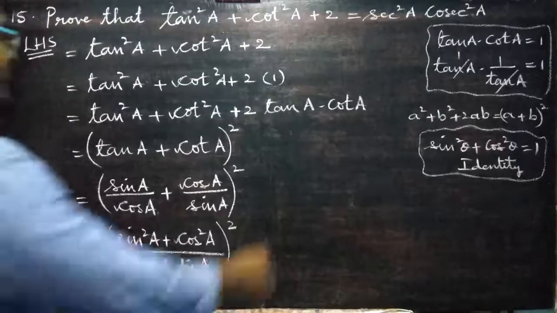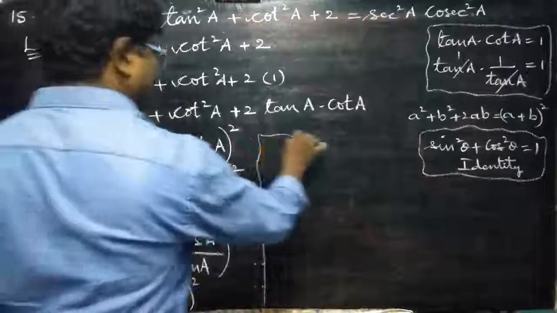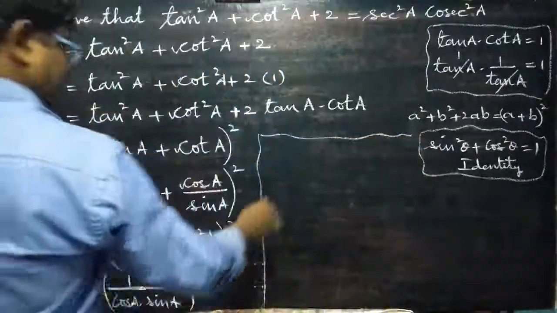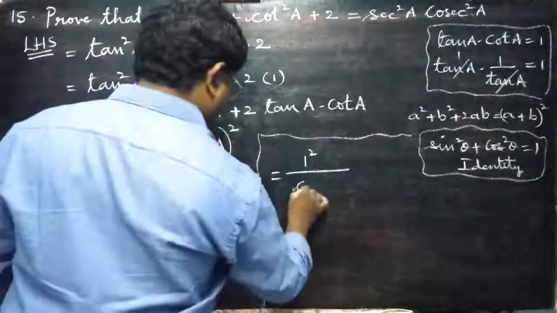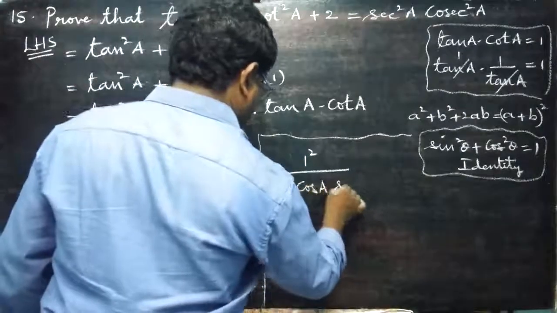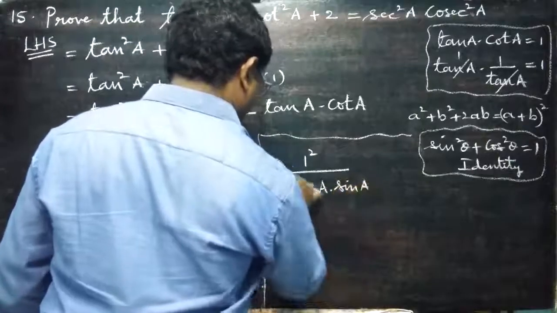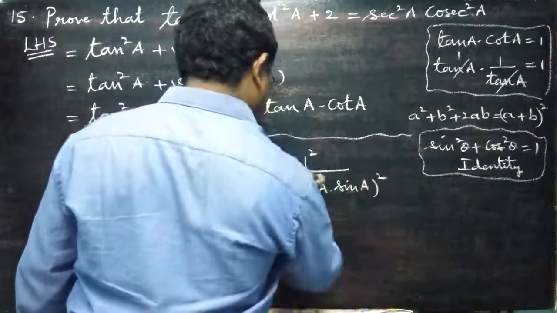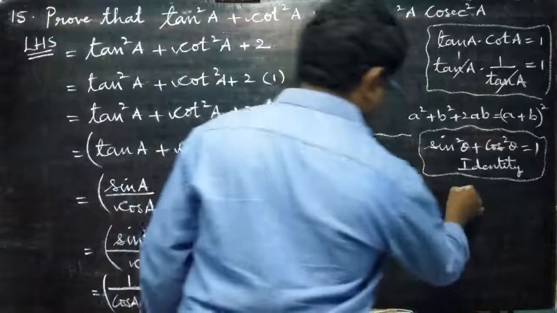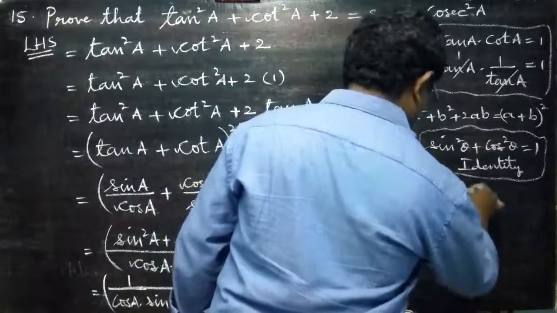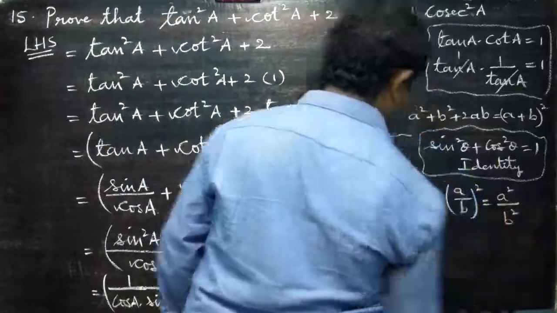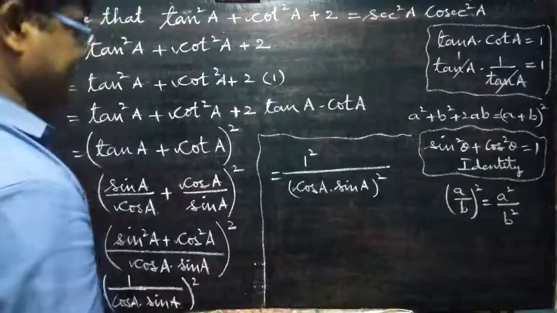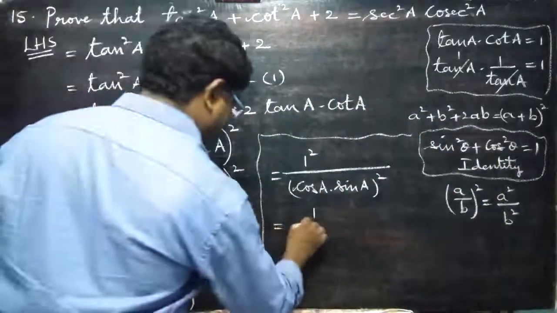Now distribute that square for 1 square, numerator also you give, denominator also you give, cos A into sin A whole square. Which formula? In laws of indices, A by B whole square is equal to A square by B square. Everything you have to mention there. 1 square means 1 only.